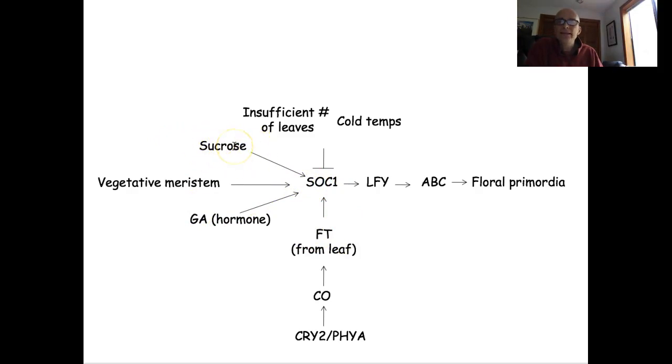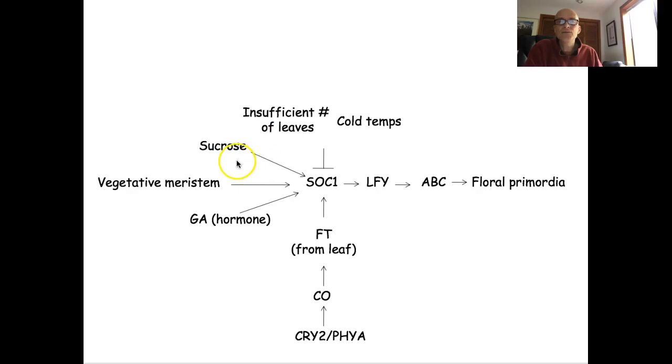Sucrose, basically a sensor of the metabolic status of the plant, will also activate SOC1. That means a plant that hasn't had enough time to photosynthesize and produce a lot of sucrose cannot support its floral primordia and the new embryo that it's making.